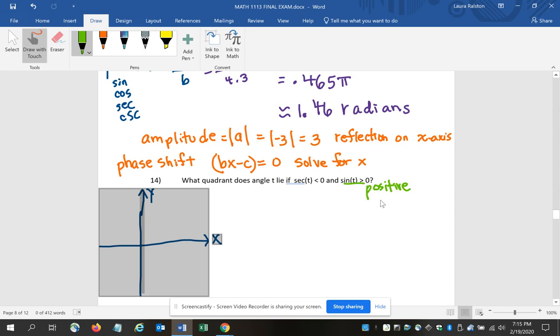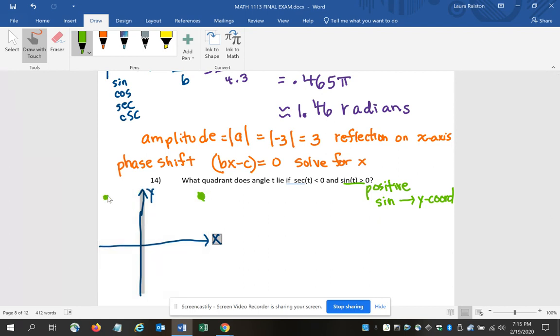It also helps to remember that the sine corresponds to the y-coordinate of an ordered pair. So where would the sine, or my y value, be positive? Here in quadrant 1, or possibly in quadrant 2. So I know that I'm in either quadrant 1 or quadrant 2.